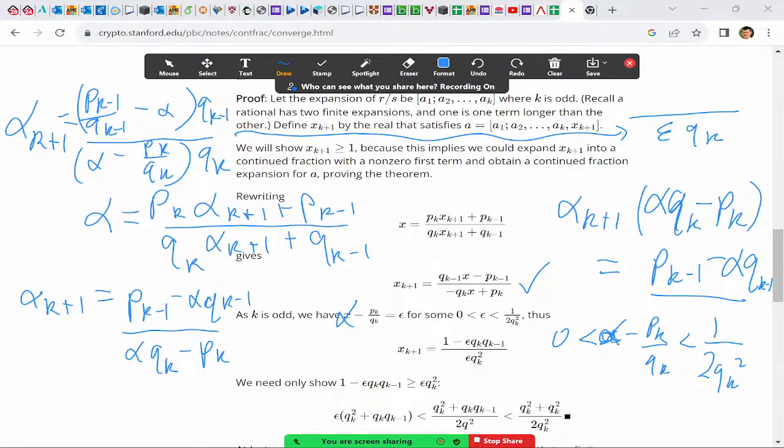It kind of feels like they just artificially inserted it. If you just replace alpha by epsilon plus p_k on q_k, you get p_{k-1} on q_{k-1} minus epsilon plus p_k on q_k, times q_{k-1}.